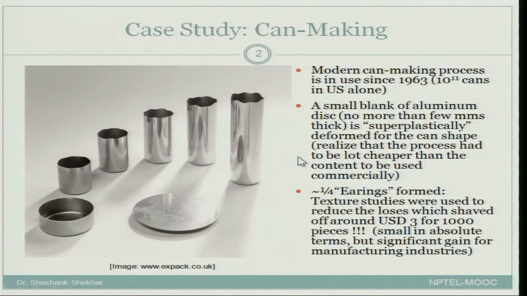Finally the companies which make these cans were able to use this, and they saved something of the order of $3 for 1,000 pieces. You would say that is not a really big amount, but look at the number of cans that are produced, and you can understand that it is a significant saving for the manufacturing companies.